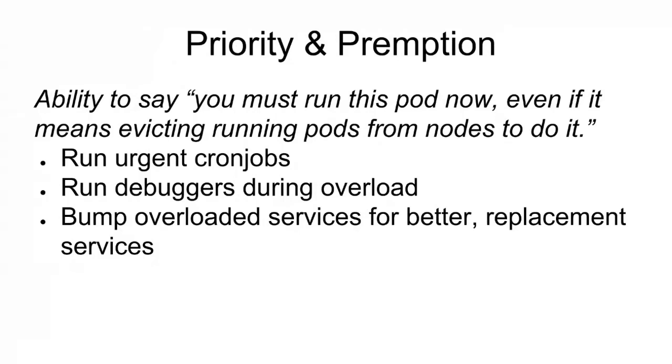So this is in beta, which means it's on by default. And this is actually where we needed the fix for 1.11.1, because the two highest priorities are node critical and system critical, I believe. Right. And initially there was no restriction on anyone who had the ability to create pods from using those.